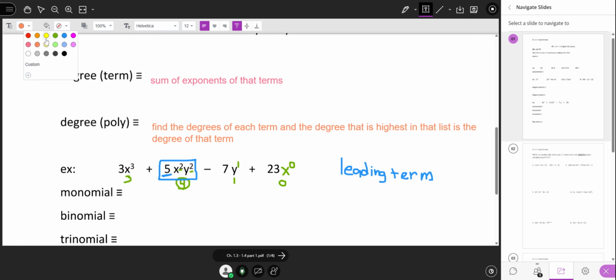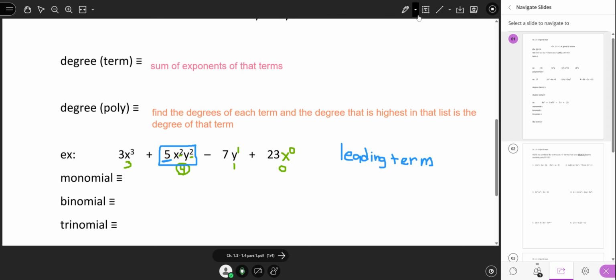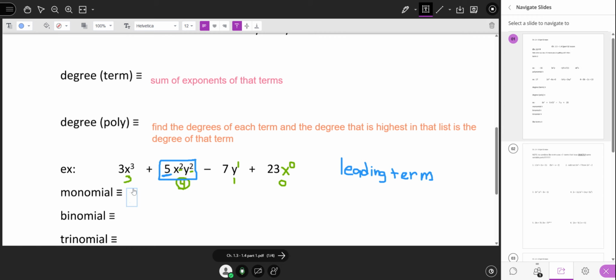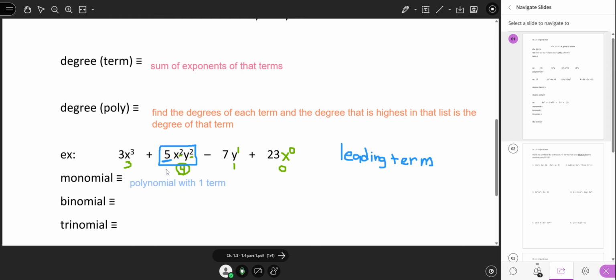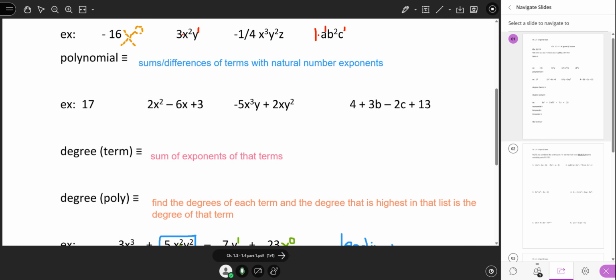Now, a monomial is a polynomial with one term. So in our list of examples, 17 would be a monomial.